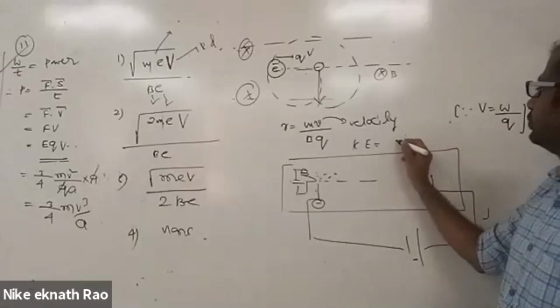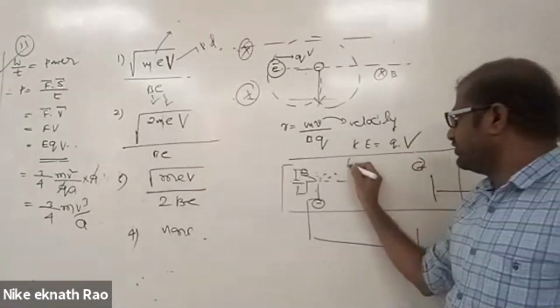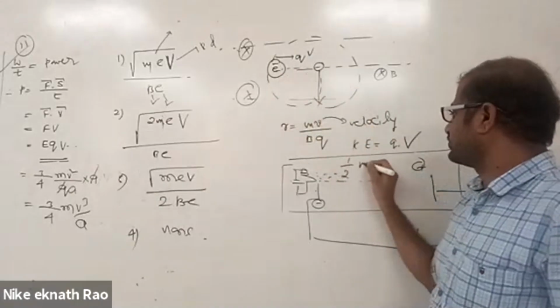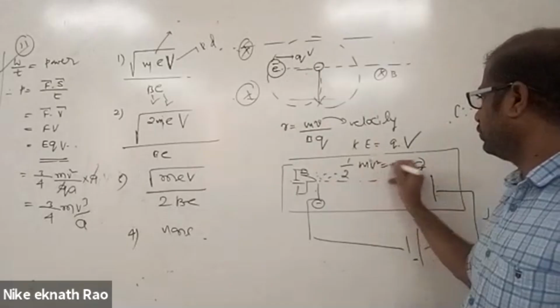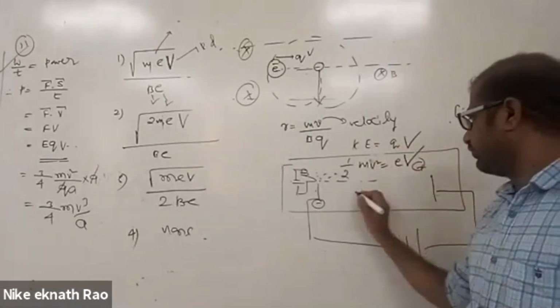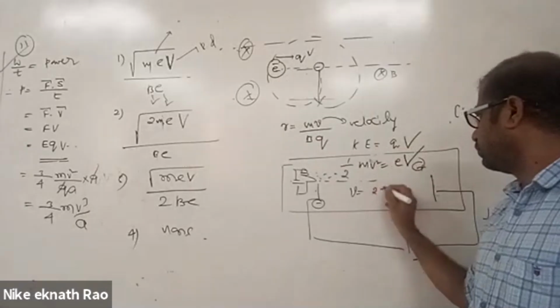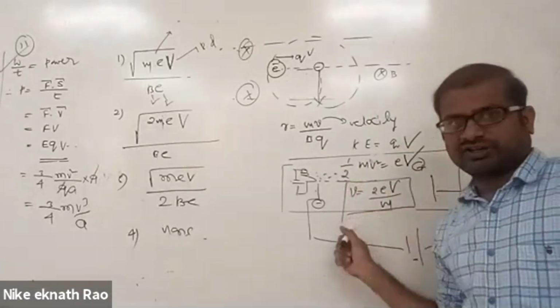So work done is equal to charge into potential difference. So the kinetic energy gained by the electrons, entering with some velocity, half mv square is equal to charge of electron e times the potential difference V. Therefore, the velocity of the electron is how much now? Root of 2eV divided by m.